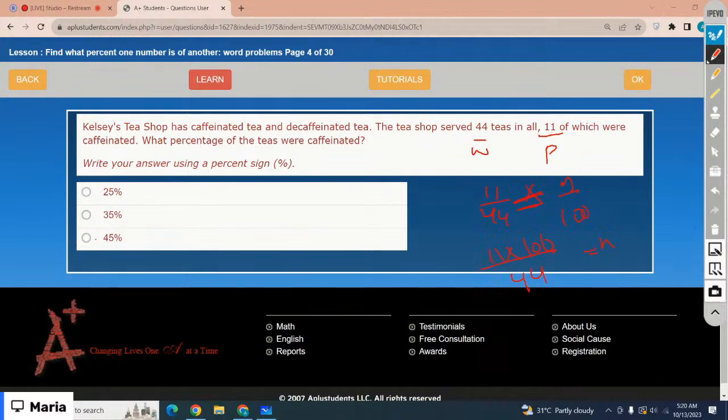So 1100 divided by 44 is 25%. That means 25% of the tea sold is caffeinated, right? The correct option is 25%.